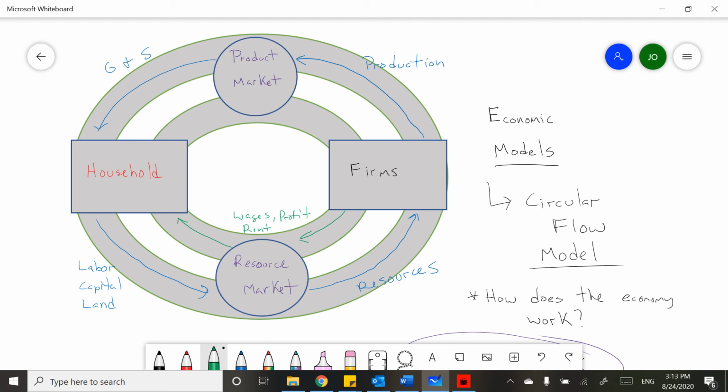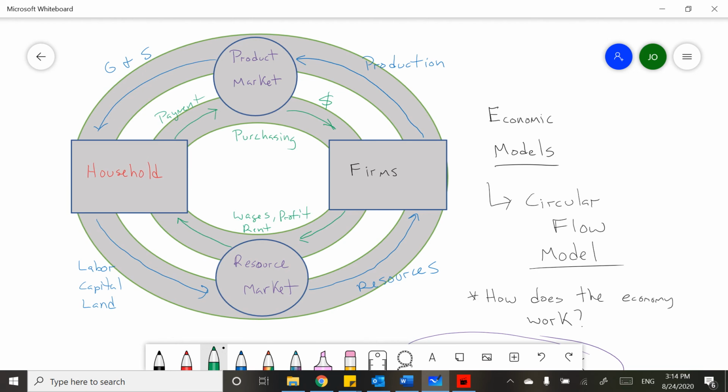Okay? And so what do I do with that money? Well, I go buy something at a store. Right? Payment. Right? Purchasing. Right? So this is how the economy works in a very simplistic way, right?